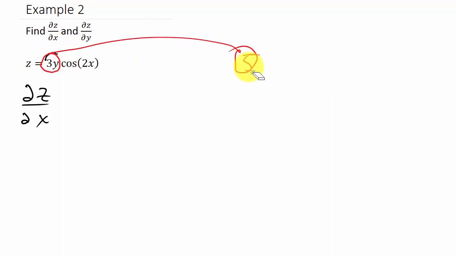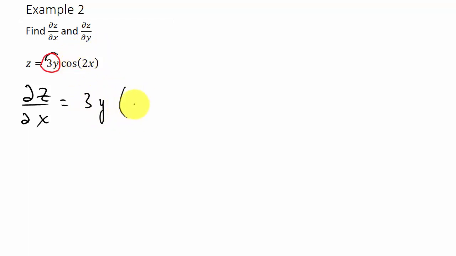So let's take the derivative. 3y is just a constant. And then the derivative of cosine, remember what that is? That's negative sine 2x times the derivative of what you're taking the cosine of, so times 2. Remember, that's how you take the derivative of trig functions.